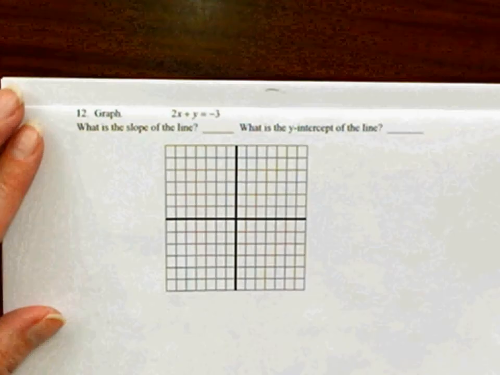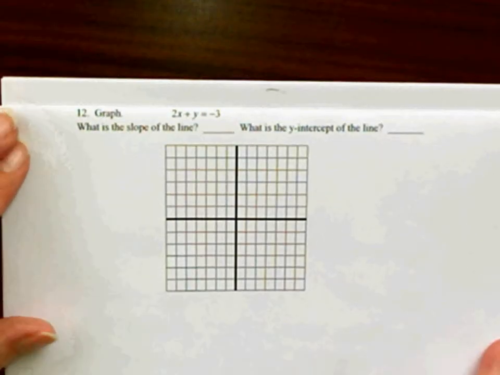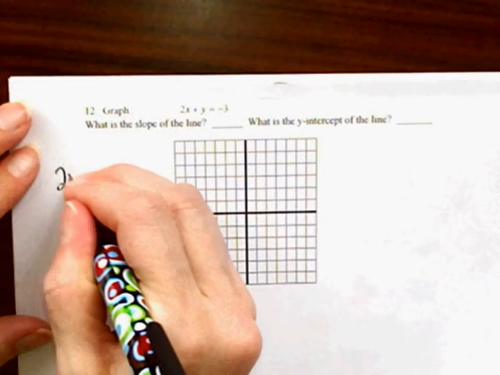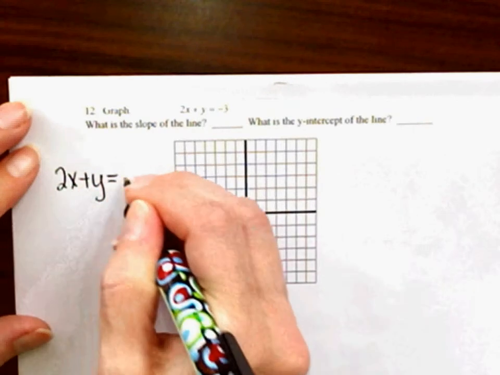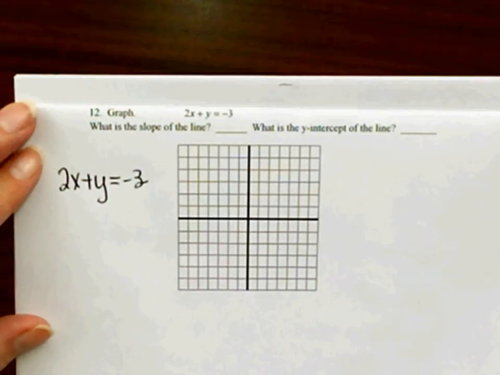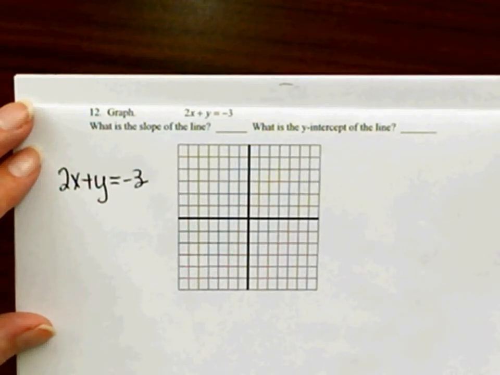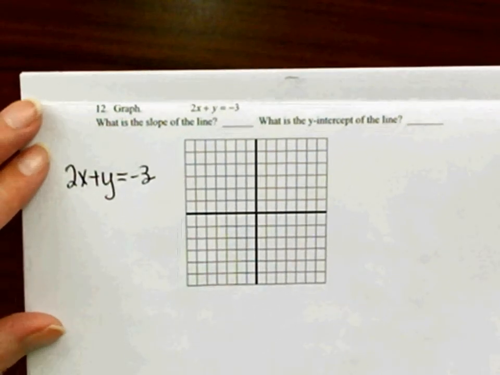Specific pieces of information. Alright, so let's rewrite the equation. They're wanting us to come up with a graph of the line. So we need to identify the slope and the y-intercept. Let's put it in slope-intercept form.